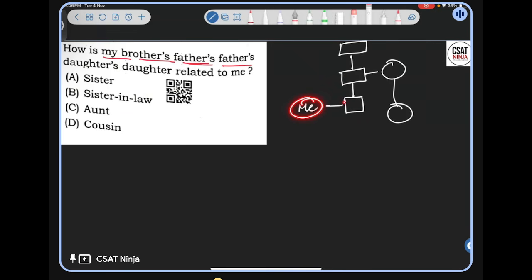This is me, and this is my brother, and my father's daughter will be this one, daughter's daughter, which is this one. So what's the relation there? Can I say directly it's cousins, which is option number D there. So this is you, and this is your aunt's daughter, we call it cousin. So that's the answer there.